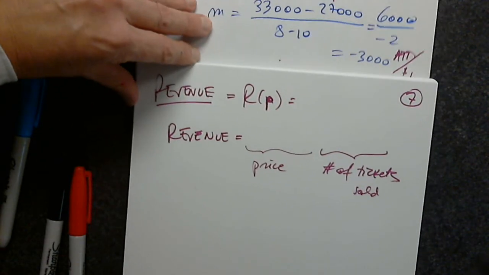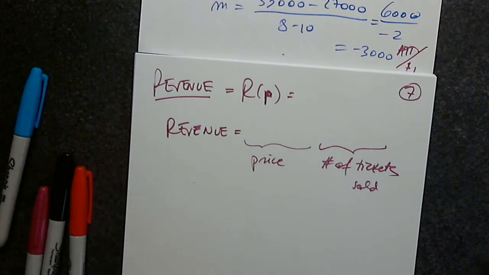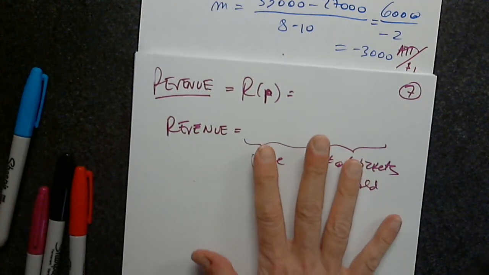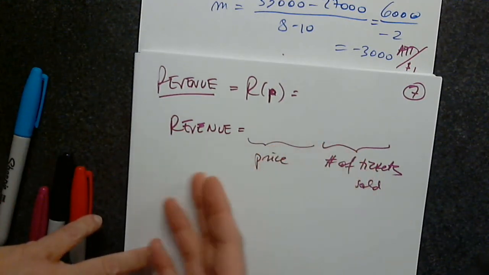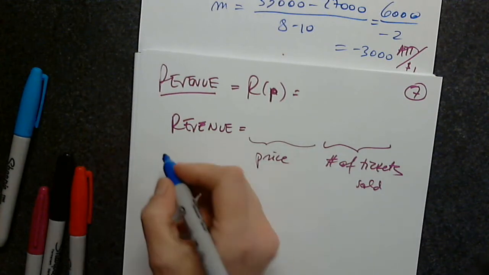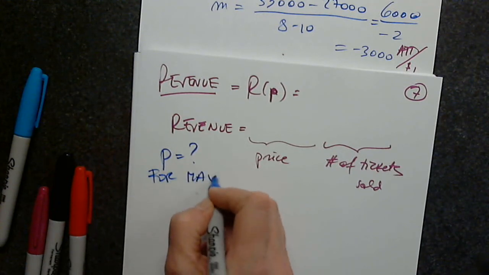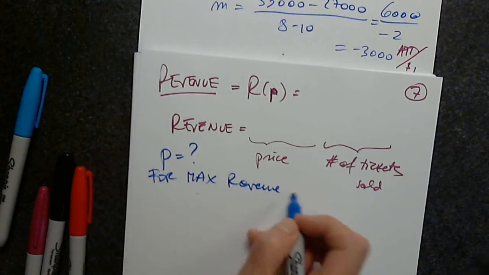So the next step would be to identify a function here, because we need to maximize it. It says one more time, find how should the ticket prices be set? In other words, find P for max revenue. This is our question.